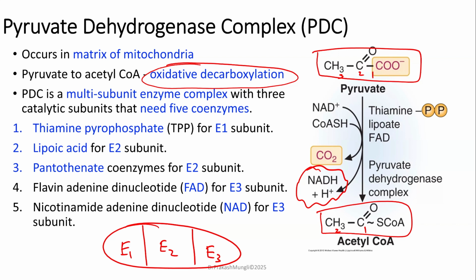So substrates are different, but other than that, the way these enzymes function and the way they are arranged is all the same. Why I am saying this is, if there is any deficiency of NAD, FAD, pantothenate or TPP, all three enzymes are affected, not necessarily only one. We will get into that.